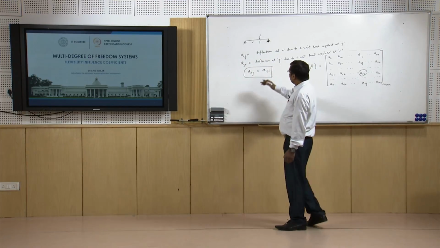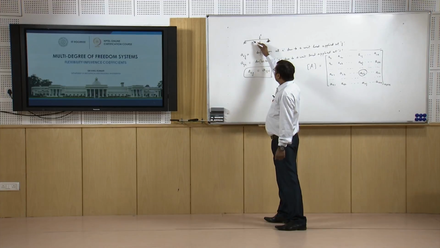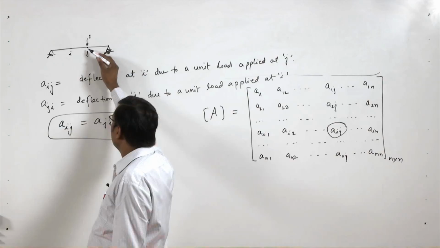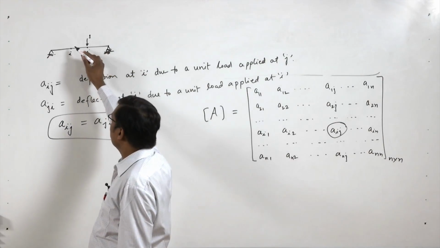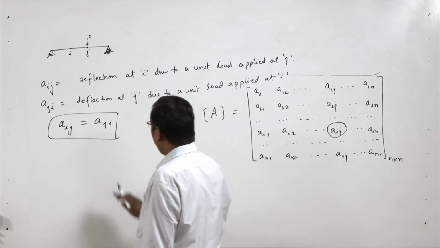So it means that the deflection at I due to unit load at J is equal to the deflection at J due to unit load at I.